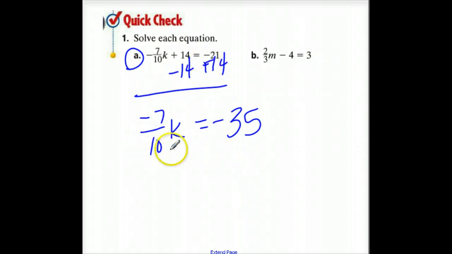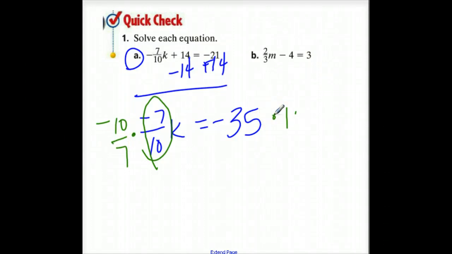I see a coefficient that's a fraction, so I am going to multiply both sides by the reciprocal of this fraction. Keep the negative, because no matter where you put that negative, this fraction is negative, and just flip the numerator and the denominator. Negative 10 over 7.